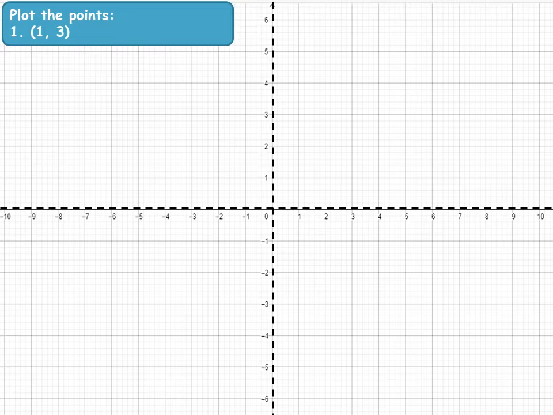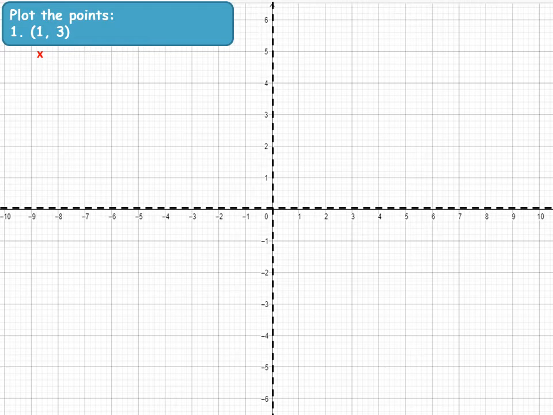Good. Now, for question 1, we're asked to plot the points 1, 3. Let's do a quick recap. Remember, when you're given a pair of numbers like this, the first number in the coordinates represents what value? X. Very good. That means that we can find that value on the x-axis.